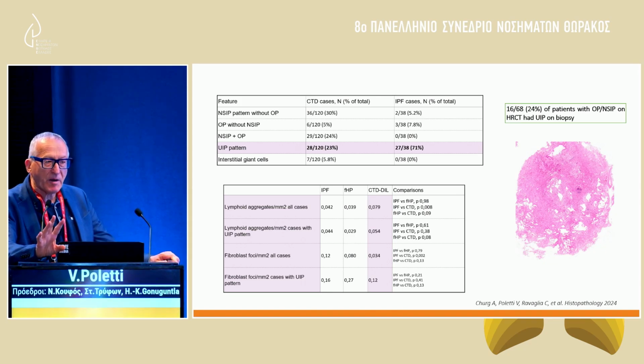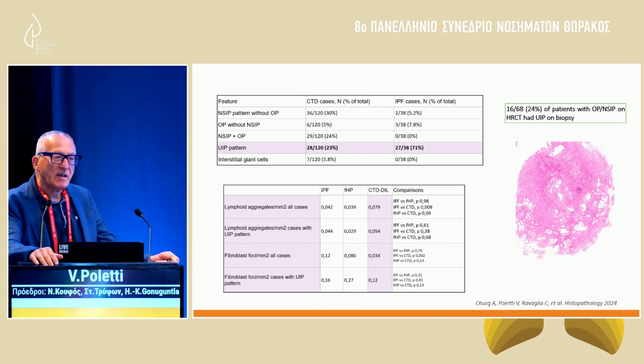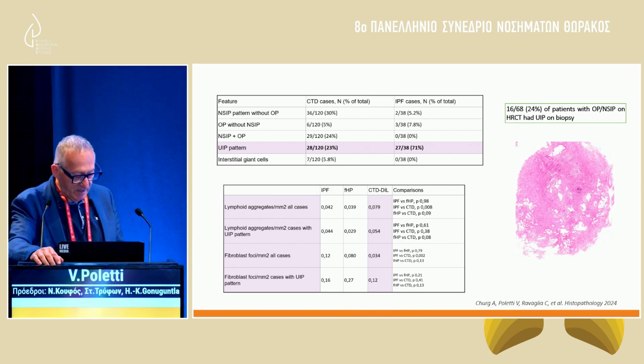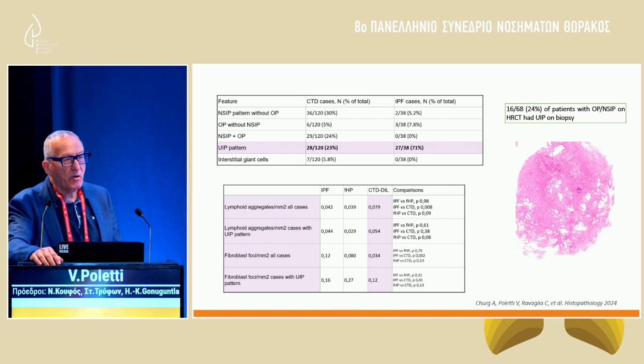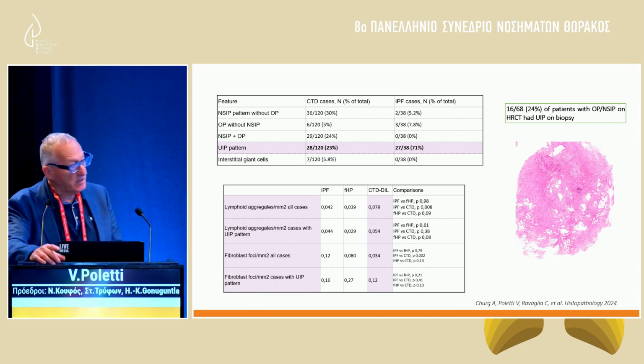So it means that even in CTD-ILD with CT scan aspect suggesting NSIP, you can find UIP in about a quarter of cases. And this has diagnostic, prognostic and therapeutic relevance.